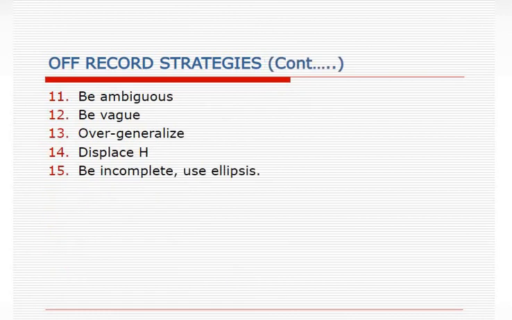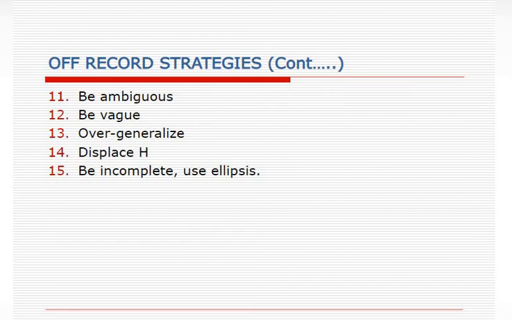Strategy number 11 is be ambiguous, be vague, overgeneralize, displace speaker, displace hearer, be incomplete, use ellipsis. Well, dear students, these all are the different types of positive politeness, negative politeness, and off-record strategies.